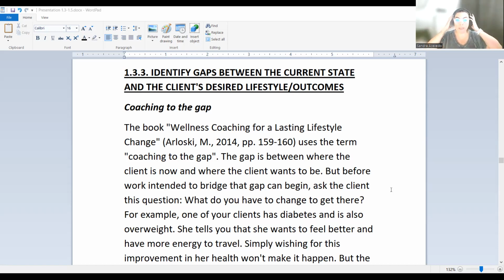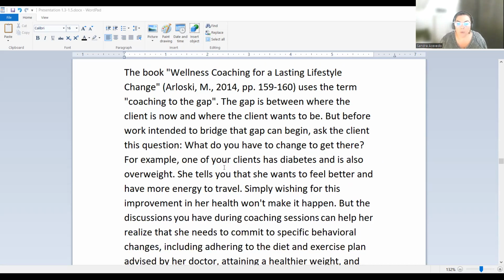So, identifying the gaps between the current state and the client's desired lifestyle outcomes. The book Wellness Coaching for a Lasting Lifestyle Change uses the term coaching to the gap. The gap is between where the client is now and where the client wants to be. But before work intended to bridge that gap can begin, ask the client this question: What do you have to change to get there?